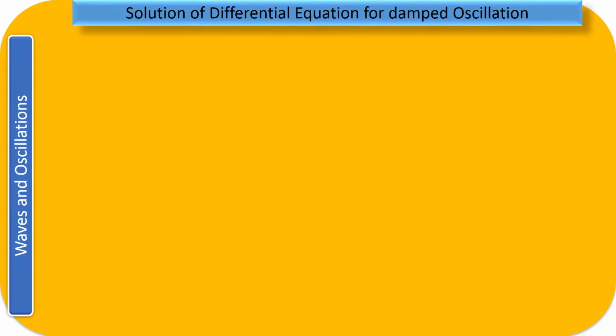So now, the solution of the differential equation for damped oscillation. This is the equation that we have seen in the previous slide: d²x/dt² + omega naught square x + 2 gamma dx/dt = 0, where x is the displacement, that is the value with which the spring is getting stretched or contracted.